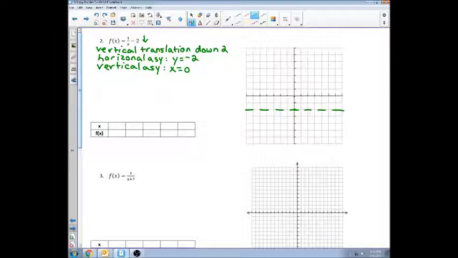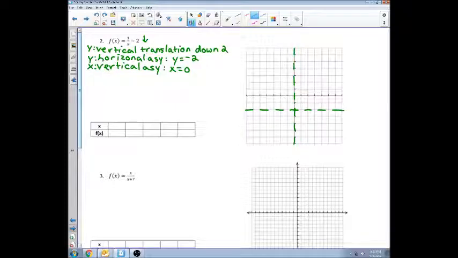So I'm going to label everything that works together as x or y. The vertical translation works with my y. The horizontal asymptote works with my y. The vertical asymptote works with my x. Okay? So now I need to get my vertical asymptote drawn, which is going to be right on the y-axis.